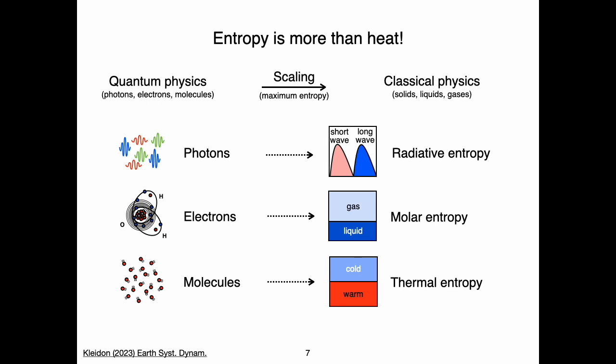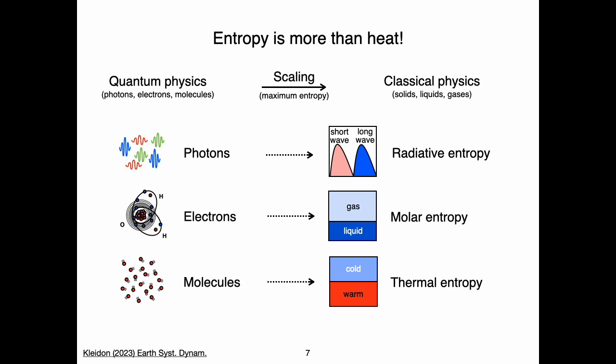And so what we have is basically at least three different forms of entropy. We have radiative entropy dealing with radiation, and we will see shortwave radiation is low radiative entropy, long-wave radiation is high radiative entropy. We have molar entropy that deals with material properties.